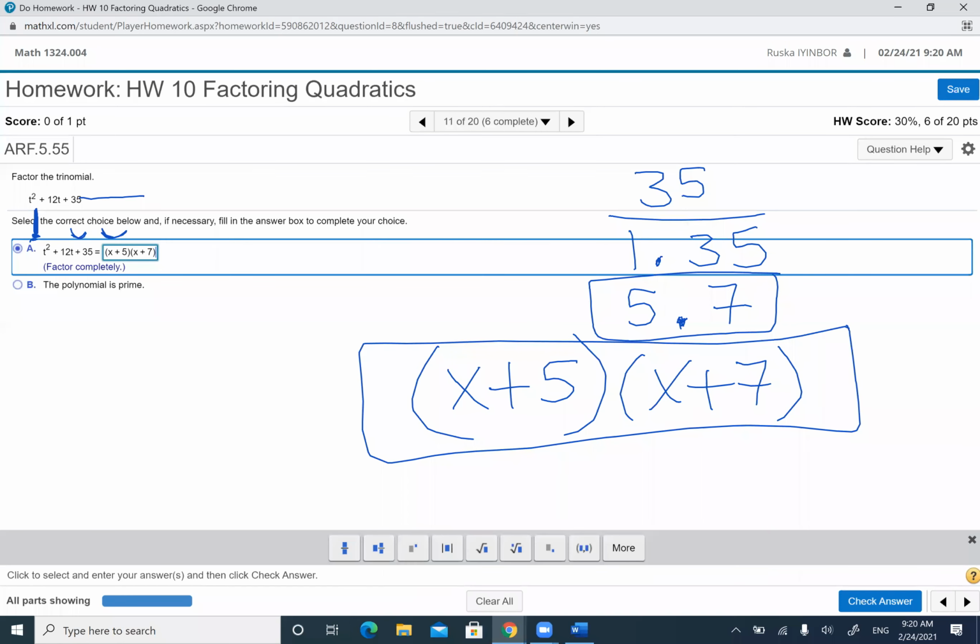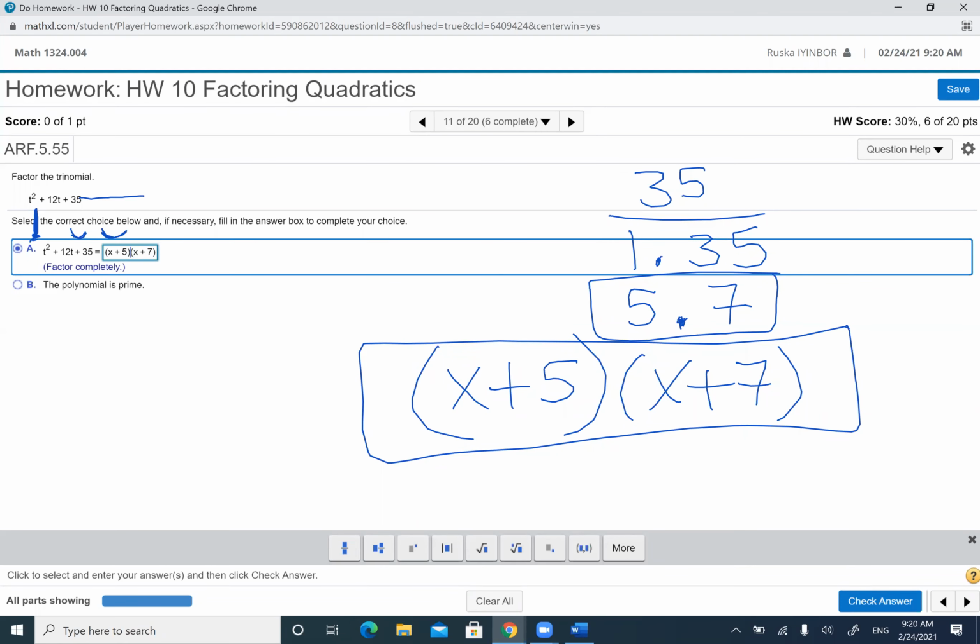Let me see what I put. x plus 7, x plus 5. Oh, it's not x, that's why it's wrong. Yeah, it's t, sorry. Okay, so be careful with the letters. It's t plus 7 and t plus 5. So you should put the letter, whatever the letter is, not x. I'm saying x because usually we're using x, but here we have t. So we're going to put t, whatever the letter is. Okay, and let's check it.